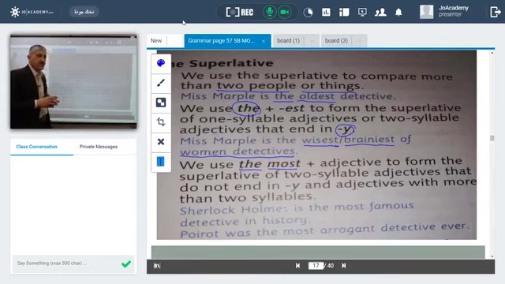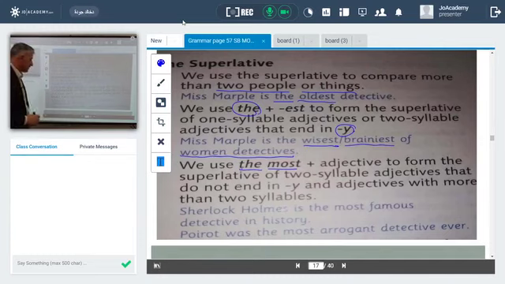So if it doesn't end with y, we add the most and we don't change anything in the adjective. We keep it as it is. So we don't add est to the end of the adjective, but we put the most before it. The most, if it doesn't end in y, and adjectives with more than two syllables.